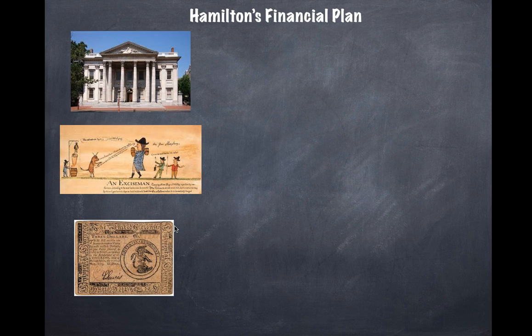Now, Hamilton's first job as the Secretary of the Treasury was to develop a financial plan for the United States. And he had 5 pieces to this plan. Every one of them was designed to make the national government stronger. First off was a Bank of the United States.